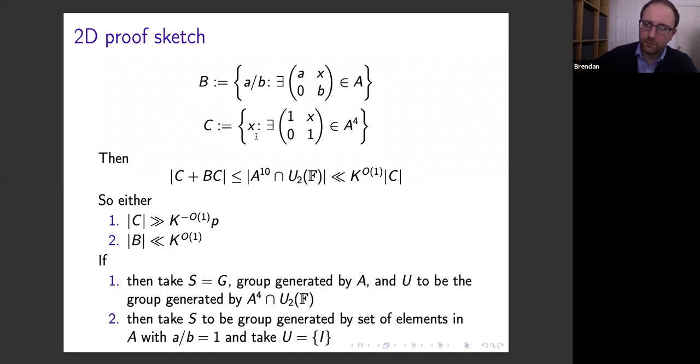a set of unipotent elements in this fourfold product.